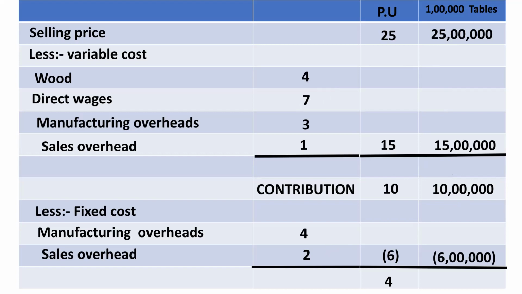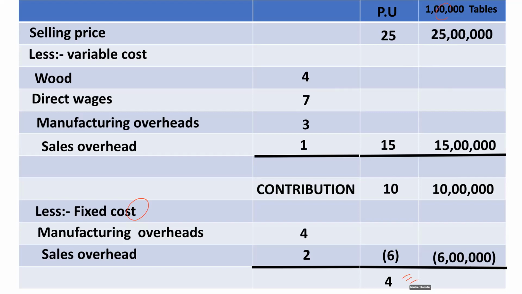We normally do not take fixed cost per unit into consideration because the fixed cost is incurred assuming a certain level of activity, and that level of activity was pre-decided. This is just shown for calculation purpose.